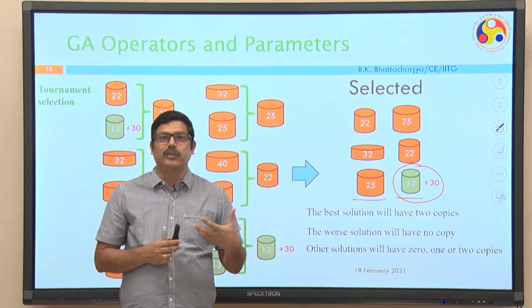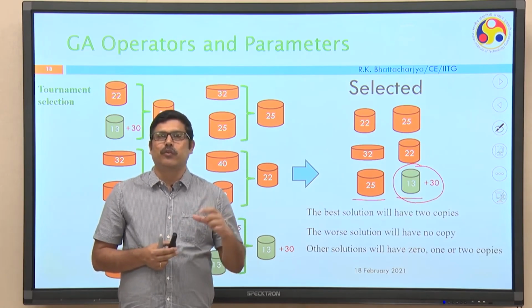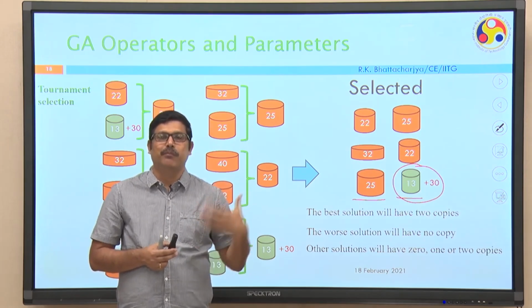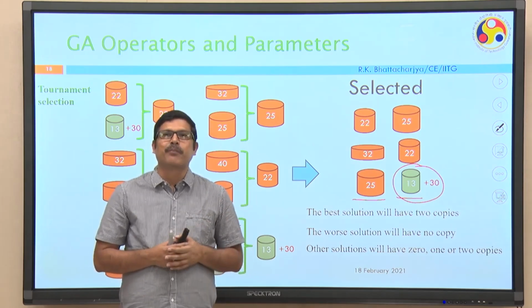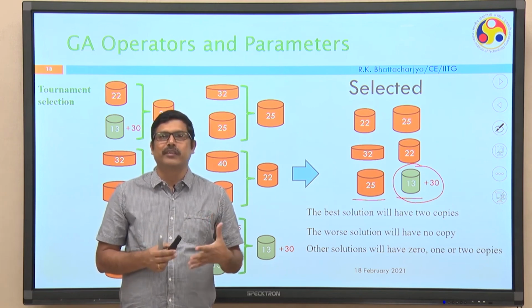That means out of 6 solutions in your next generation, 3 will be the best solution. That is not a healthy situation. I need diversity here.